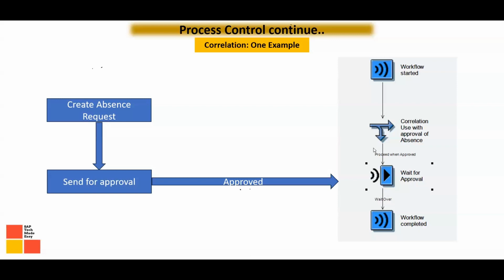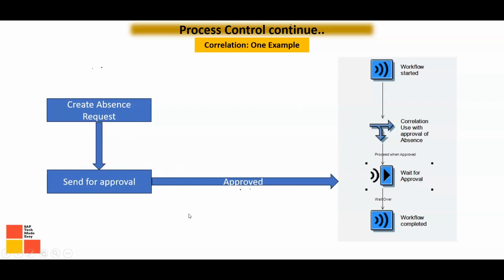So this correlation will be helping you over there, where two separate activities are related to each other. So here, this particular scenario, I'm going to demonstrate how you can create the correlation, and how you can proceed further with this particular workflow once your approval comes from the outside, right?